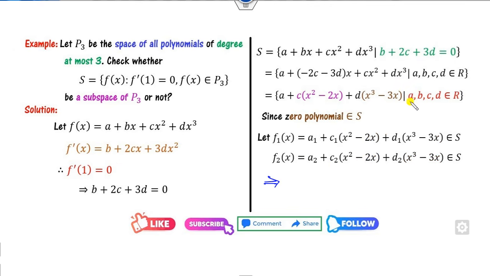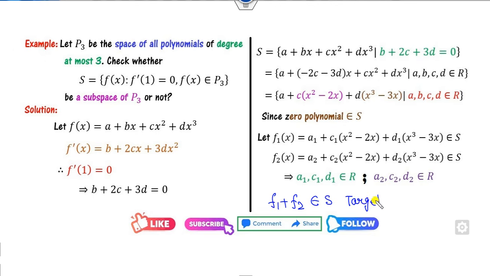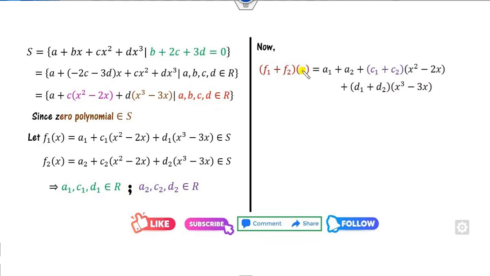That means, because there is no b involved, a1, c1 and d1 are part of R, and a2, c2 and d2 are part of R. Then your target is to prove F1 plus F2 is also a part of S. So firstly you can find the value of F1 plus F2.